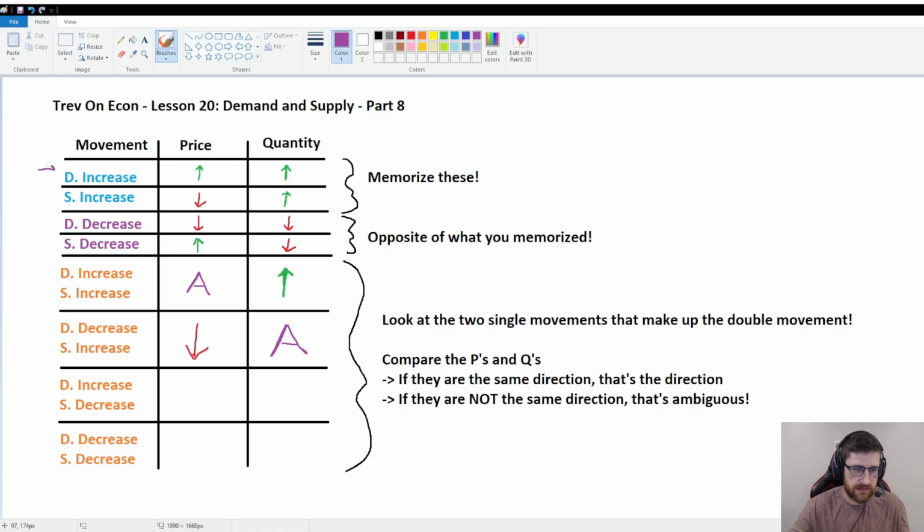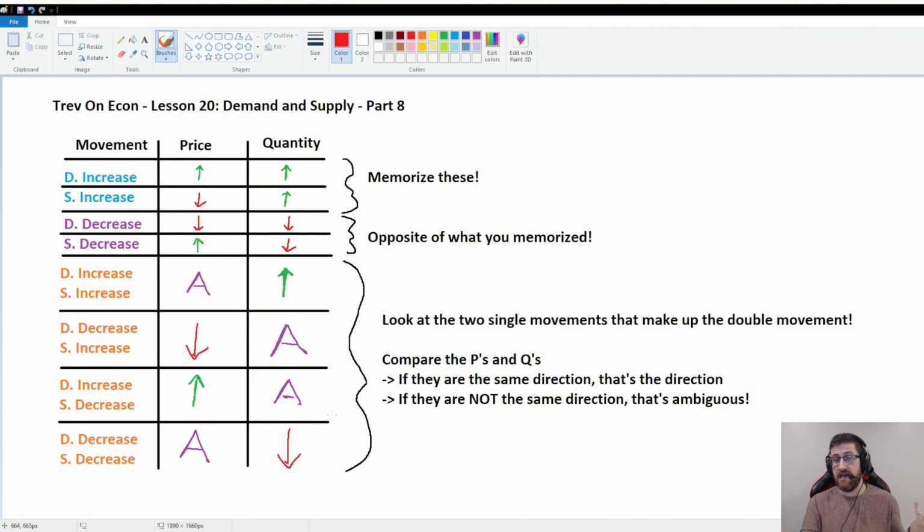Demand increase, S decrease. Well, they agree on price. They think price should go up, and they disagree on quantity. So I know that this is going to be up, and this is going to be ambiguous. And then finally, both decreasing. Well, they don't agree on price, so this is an A. And they think quantity should go down, so this is down.